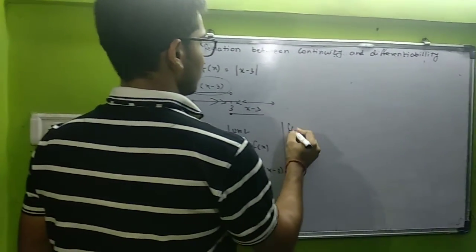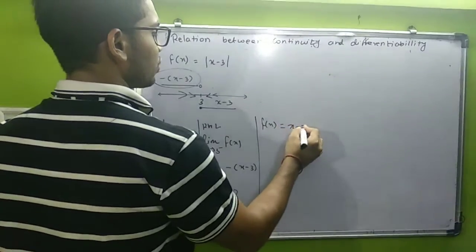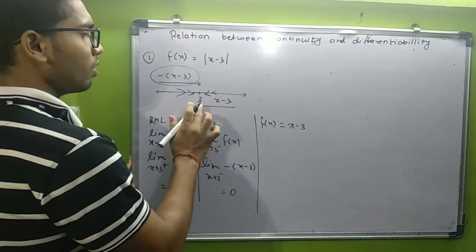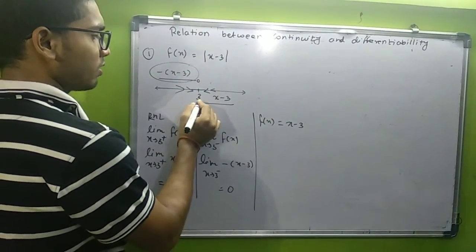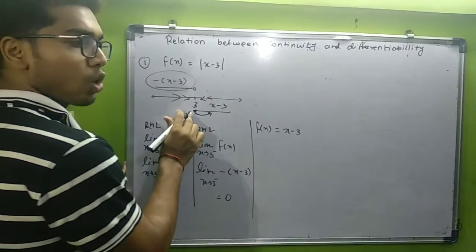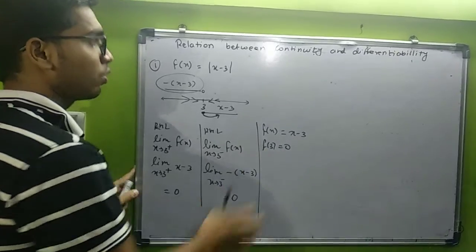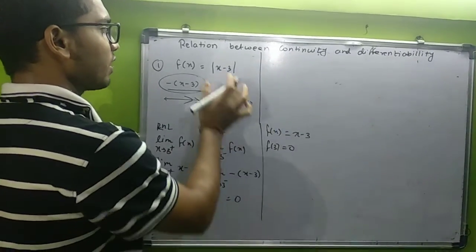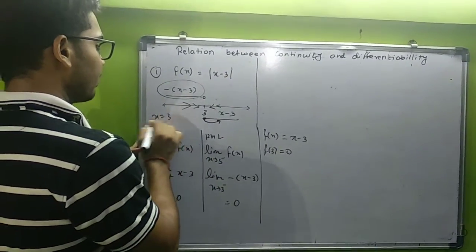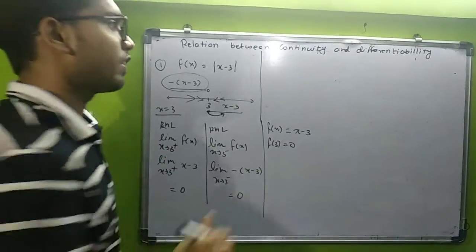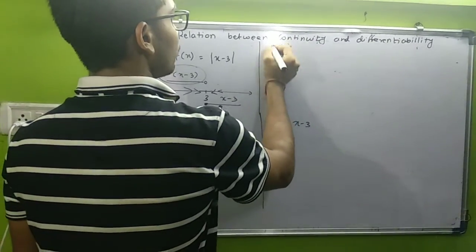Why? Because if x tends to 3, this expression is going to be 0. Now f of x is equal to x minus 3 and because this 3 I can keep in this function, this is solid over here, so f of 3 is also 0. So you can see 0 0 0, that means this function is continuous at x is equal to 3. Now we have to check the differentiability at x is equal to 3.